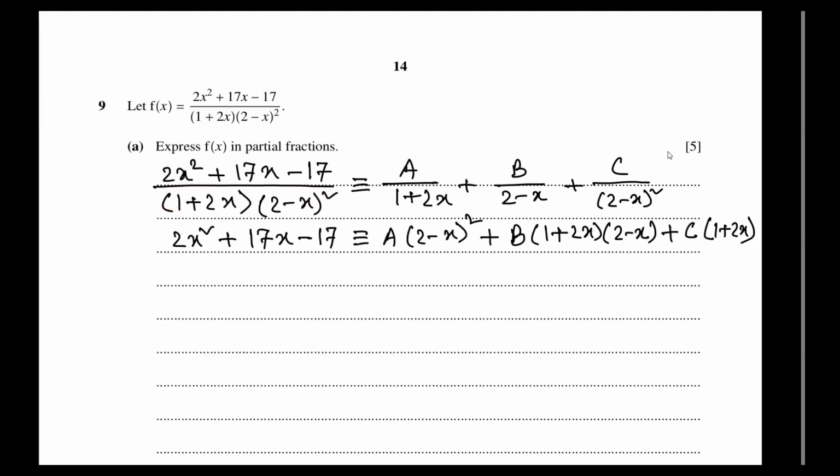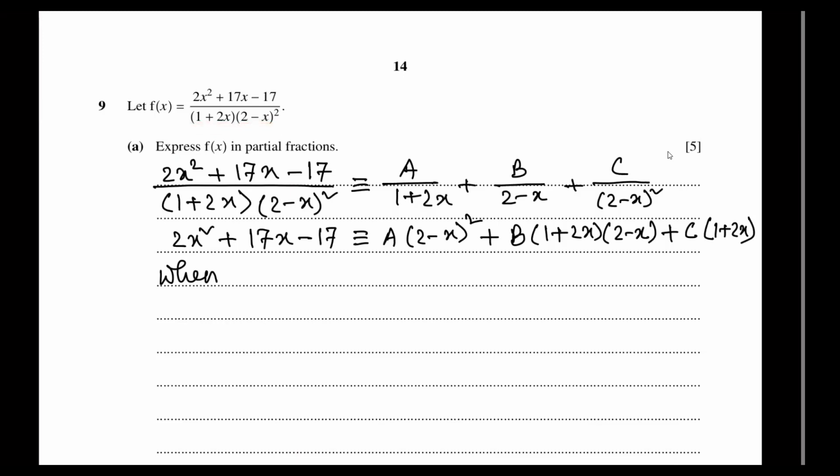Now, to find the values of the constants A, B, C, use the shortcut values. The first shortcut value is x is 2. Remember the shortcut values are those for which the denominator of the original fraction becomes 0. See? Here, for x equal to 2, this part becomes 0, and for x equal to minus half, this part becomes 0.